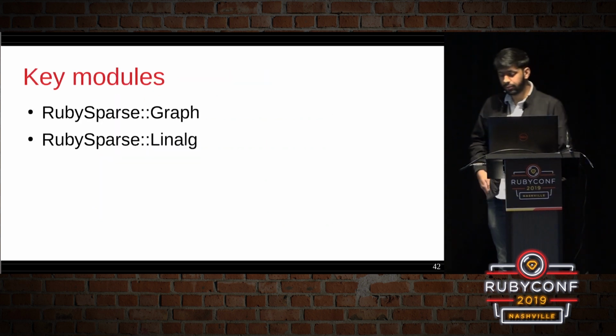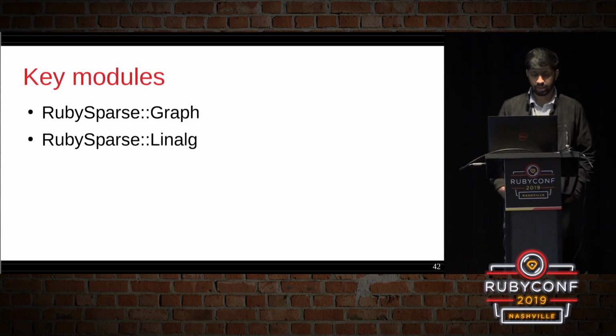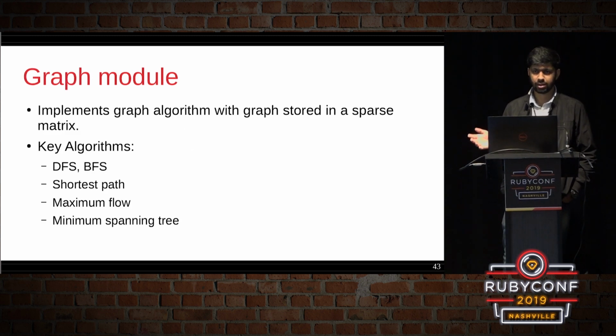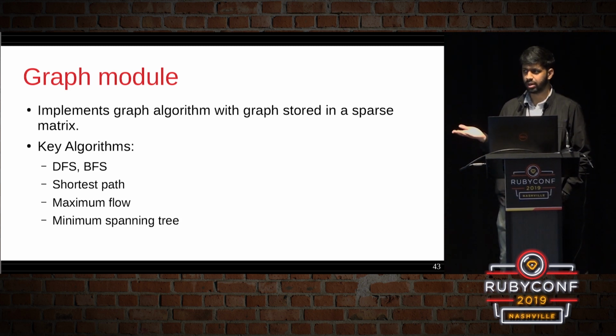So we also have two other submodules for this sparse library, which are Ruby sparse graph and Ruby sparse linear algebra. For graphs, a graph is basically a set of nodes and edges and a set of relations between them. Graphs are used in many places, like for maps or finding the shortest path, or maybe to find relations between certain objects.